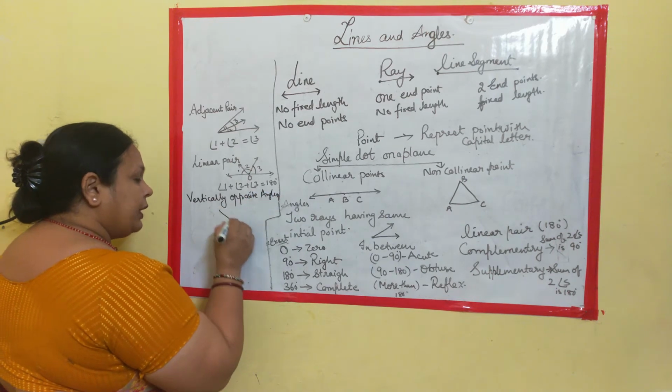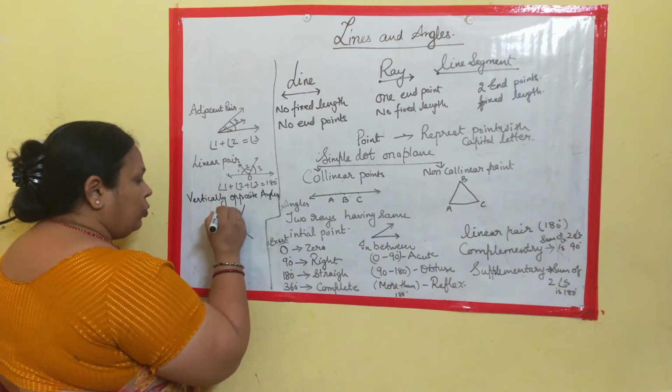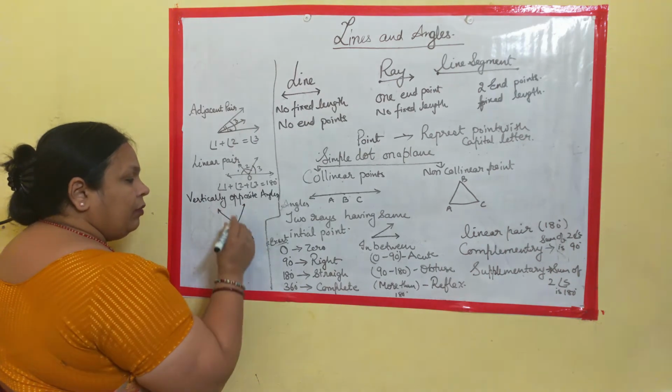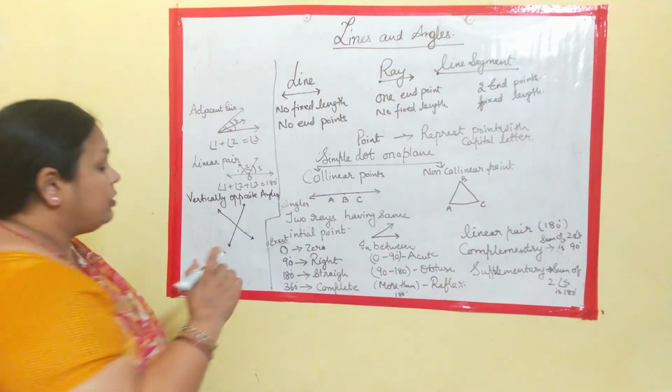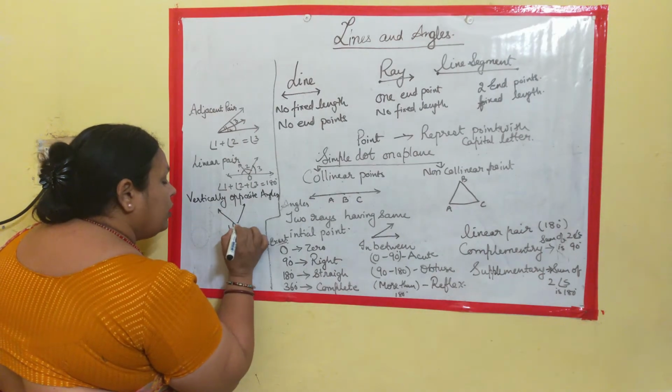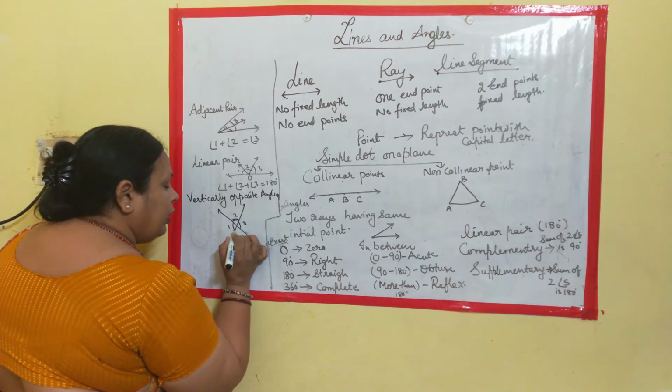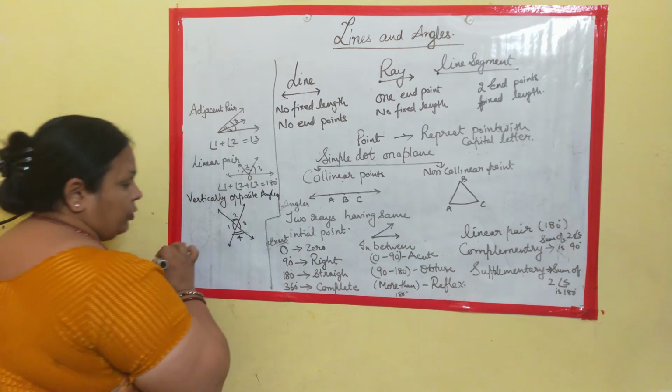And the figure goes like this. See, two intersecting lines are forming 4 angles. This is 1, this is 2, here it is 3 and this one is 4.